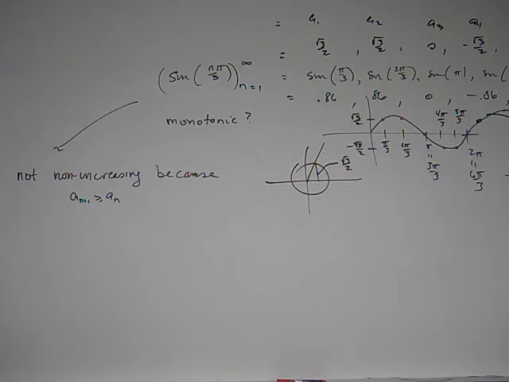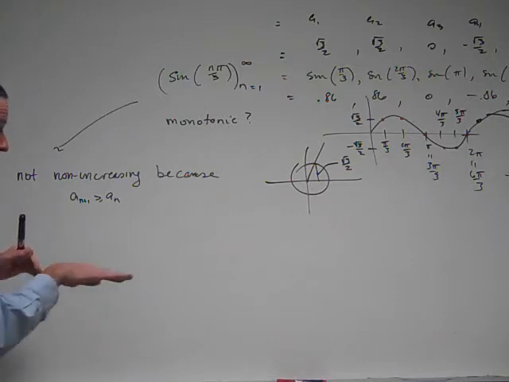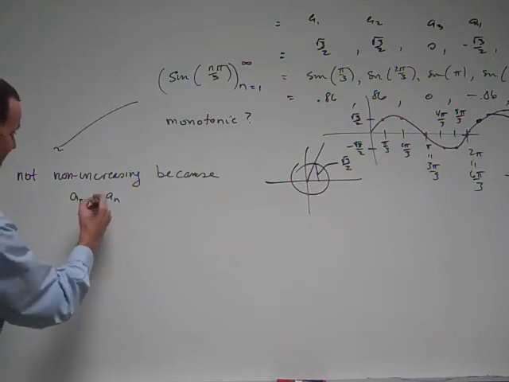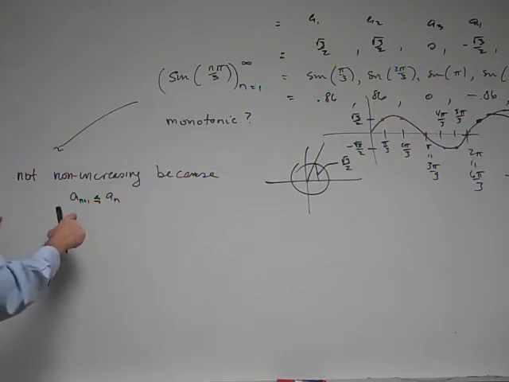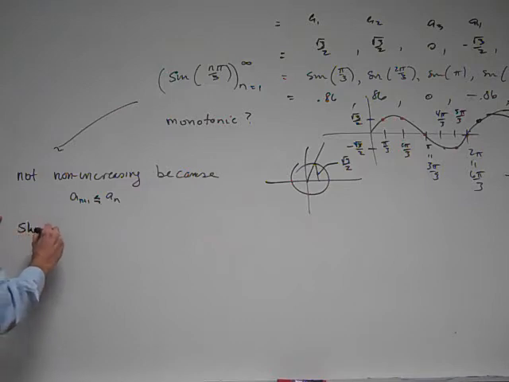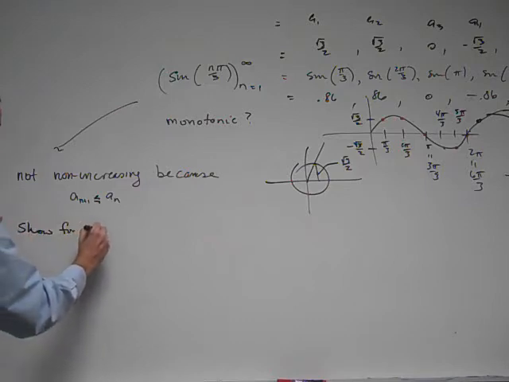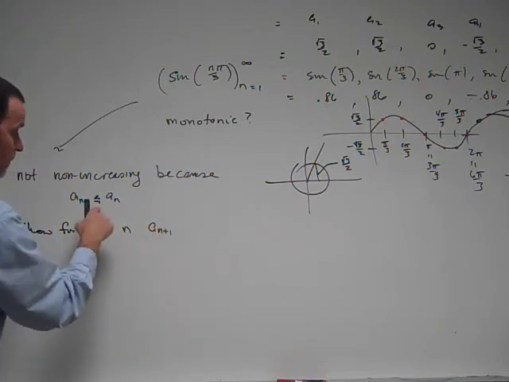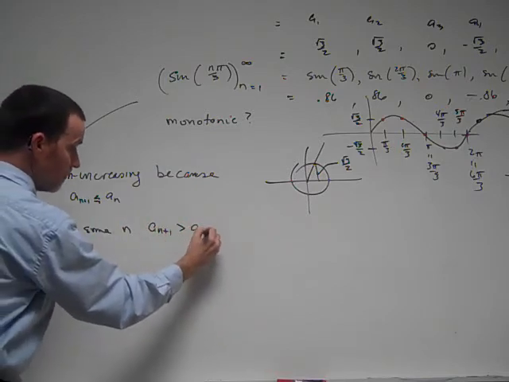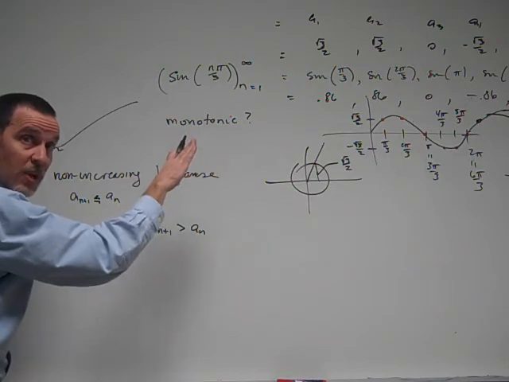I wrote that wrong, didn't I? I'm looking at it, losing my mind. What is non-increasing? It goes down. Not always going down or horizontal. So if I want to show it's not non-increasing, what do I have to show? Show for some n what? At some point it steps up.